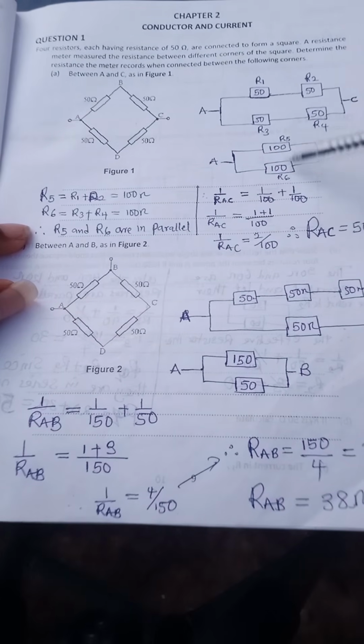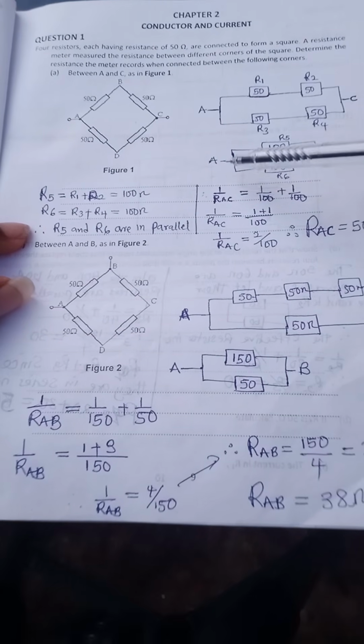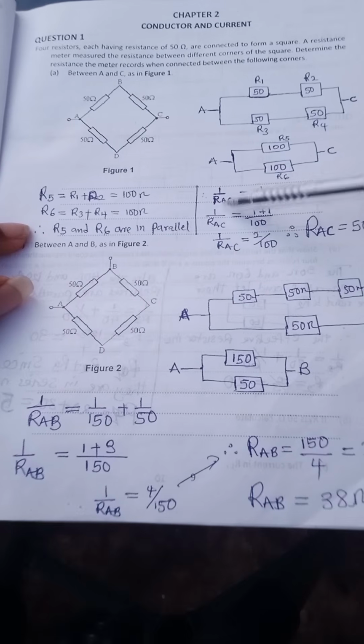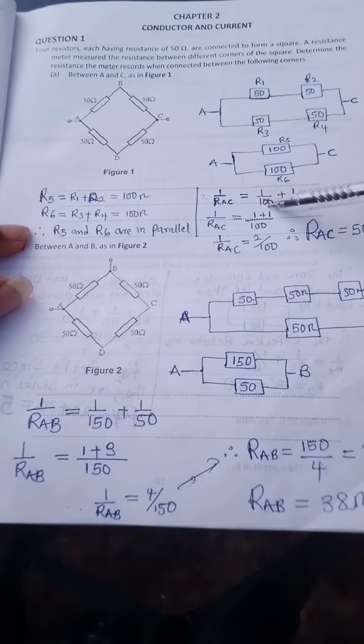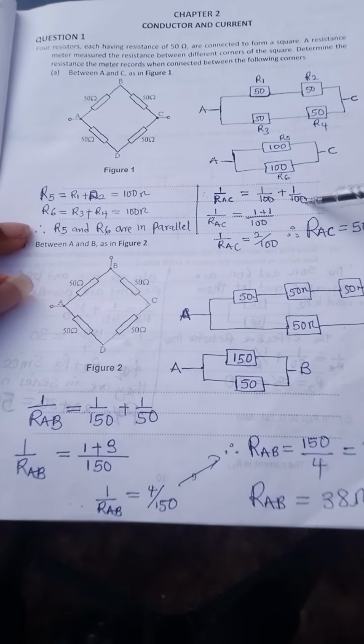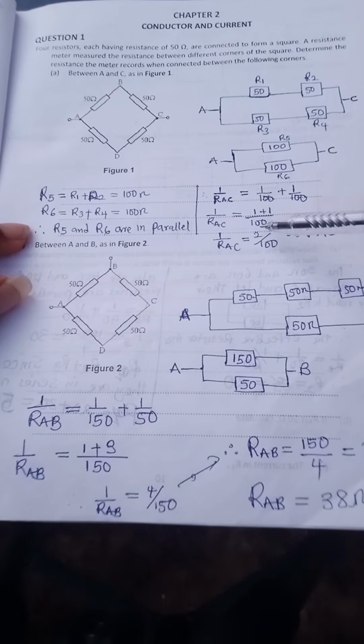And you know when resistors are in parallel, this is the formula I'm going to use. 1 over the resistance RAC that is in parallel is equal to 1 over this 100 plus 1 over this 100. So the LCM is 100. You can see it.